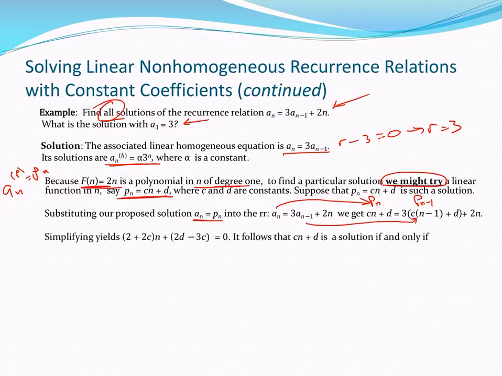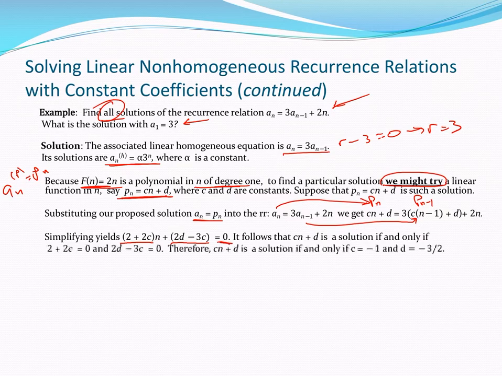We have a polynomial in n where the coefficient of n is 2 plus 2c and the constant is 2d minus 3c. If that's going to be equal for all values of n, then the coefficients have to be 0.